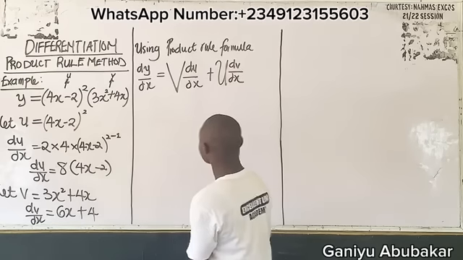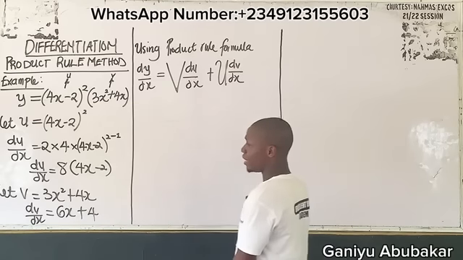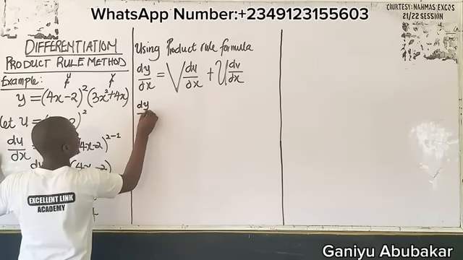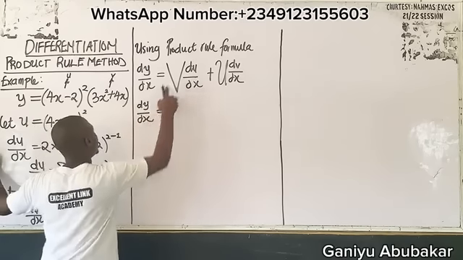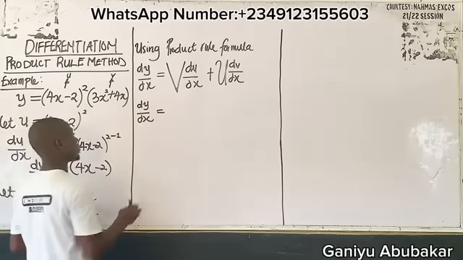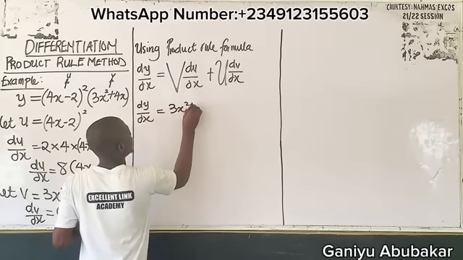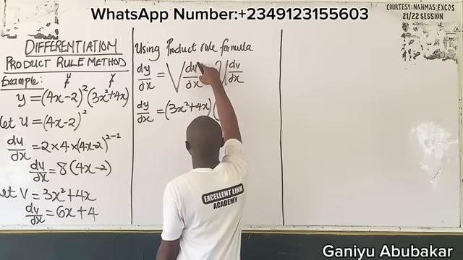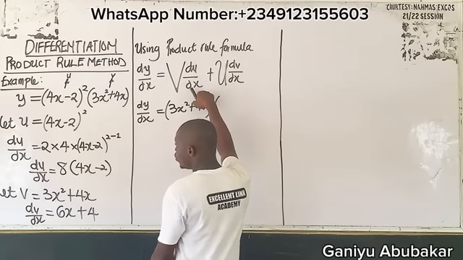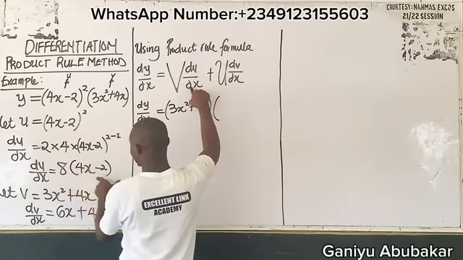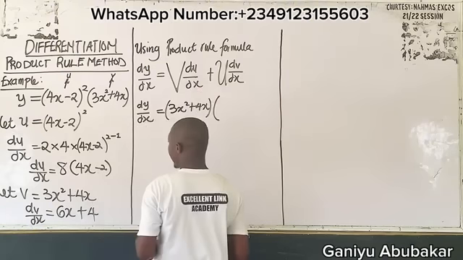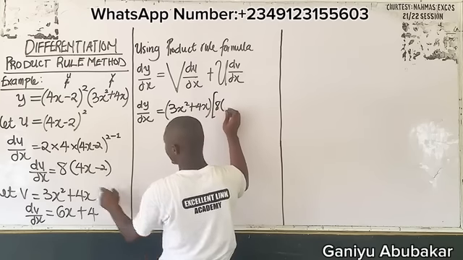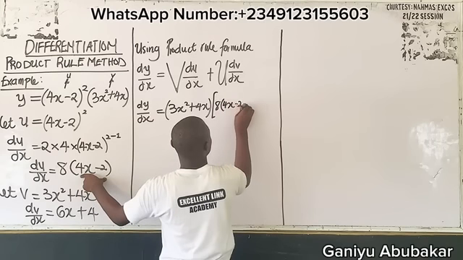So I have this. From here, my task is quite simple and easy. What's the task here? Just substitute. So I'll have that dy over dx will be equal to, what's v? v is 3x squared plus 4x, into what's du over dx? It is 8 into (4x minus 2).